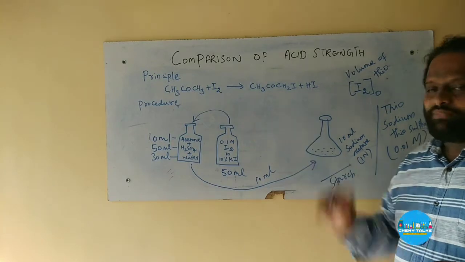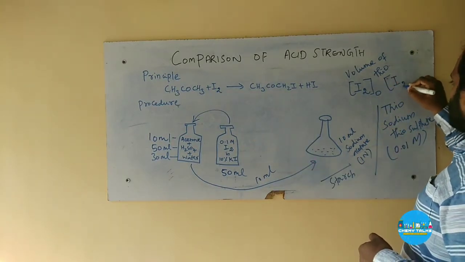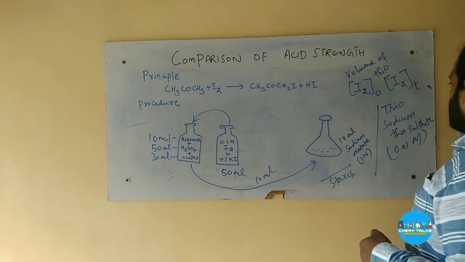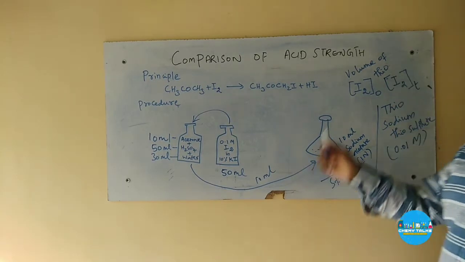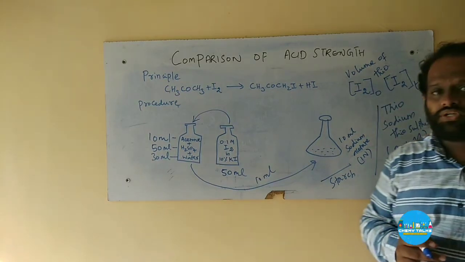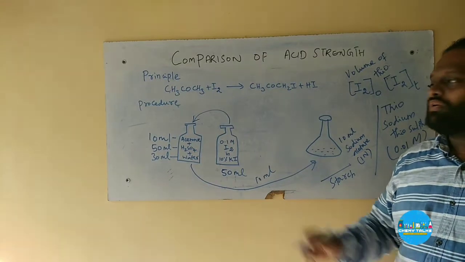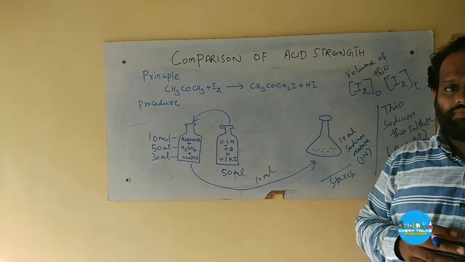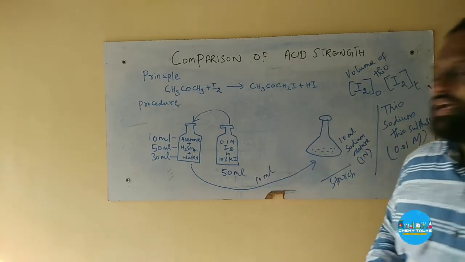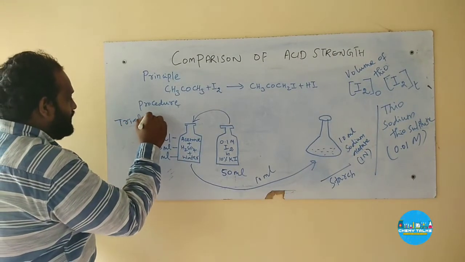At various time intervals, we can calculate the concentration of iodine. From these concentrations, we can calculate the rate constant of this reaction. So this is trial 1.